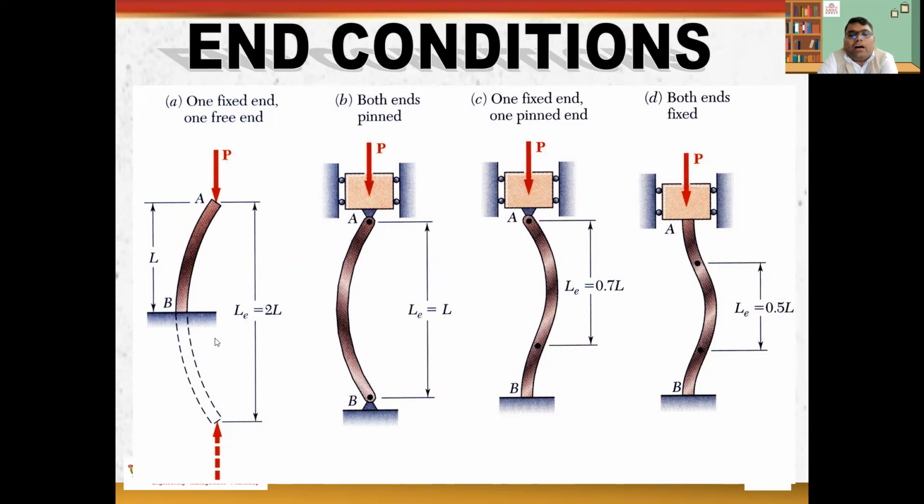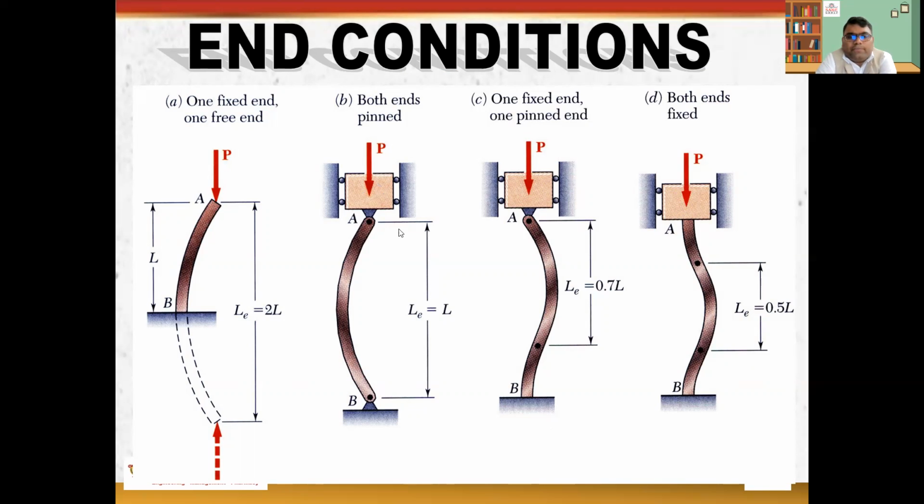How is it calculated? When deflection starts at the end, you can meet by a straight line, so the length increases to 2 times the initial one. So Le is equal to 2L, and we can get this from the Euler formula also, which we will discuss in the coming classes.